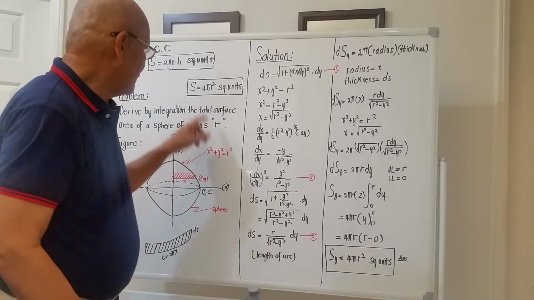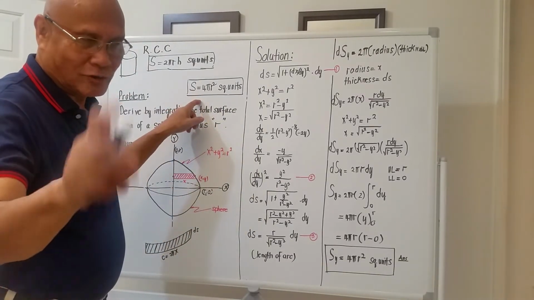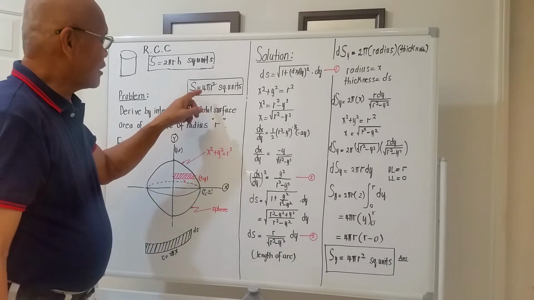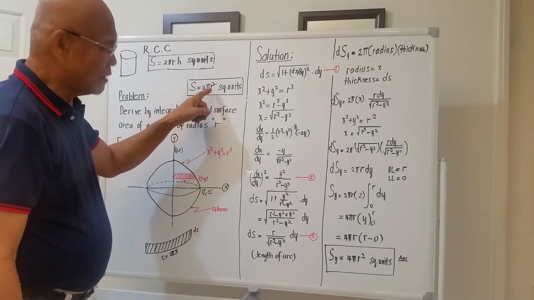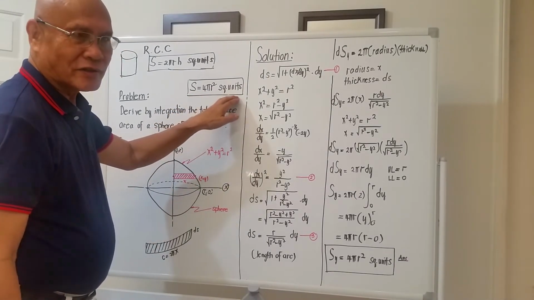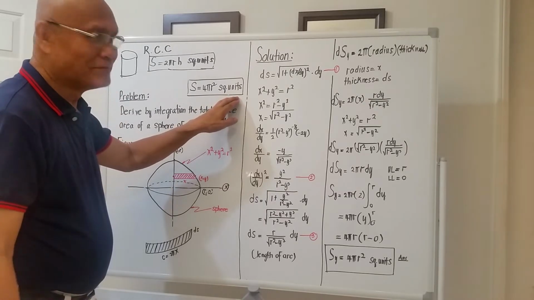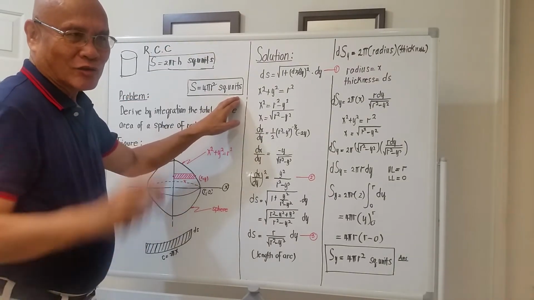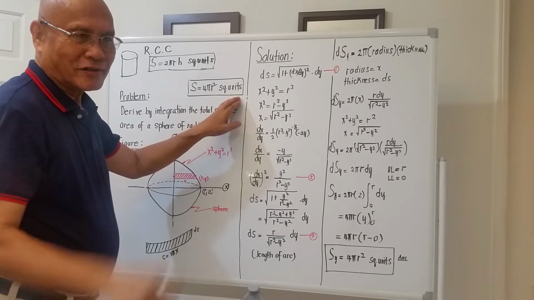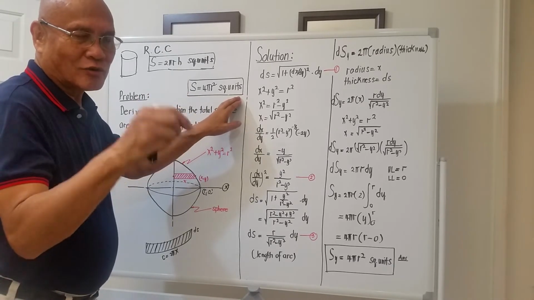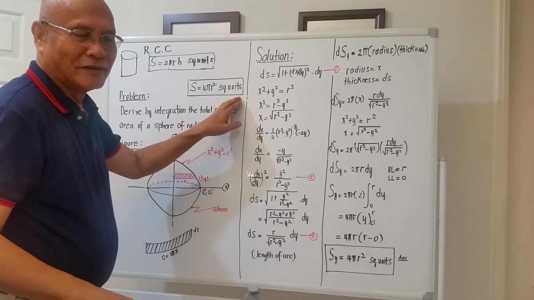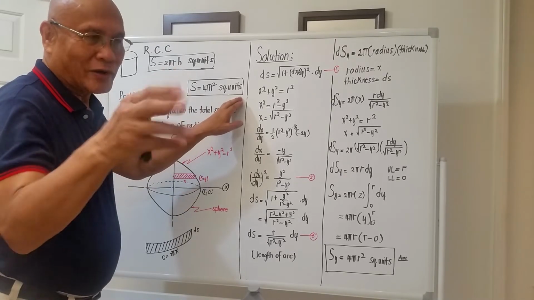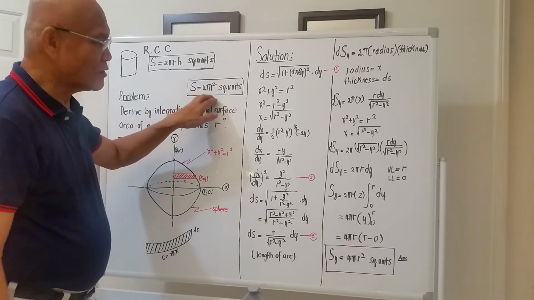Okay, for a sphere, the total surface area, if you try to Google it, is actually 4 pi times the square of the radius, square units. It should be square units, guys. A unit length times a unit length will be square unit length. So if it is inches, it should be square inches. If it is meter, it should be square meter. Okay, let's try to derive this one.